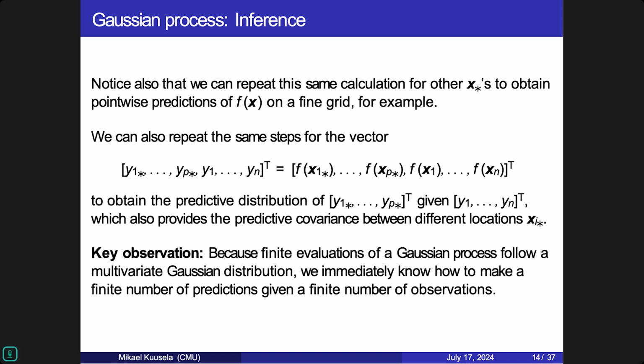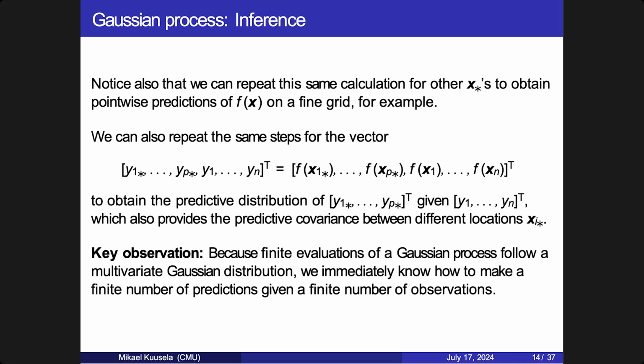So the key point is that you can also do an optimal prediction into a vector of locations at once, and that has the benefit that it not only gives you a pointwise predictive variance, but it also gives you the predictive covariances as well, which is captured in the covariance matrix in that predictive distribution of these unobserved locations.